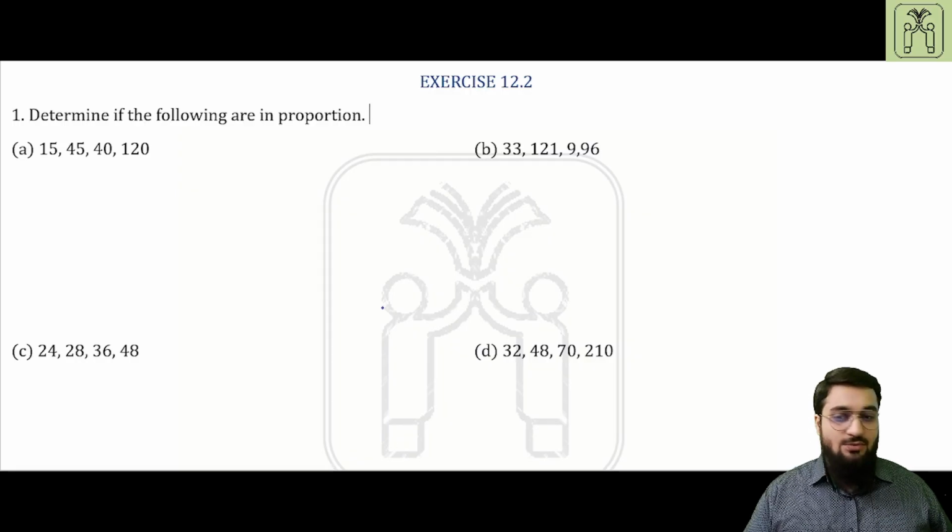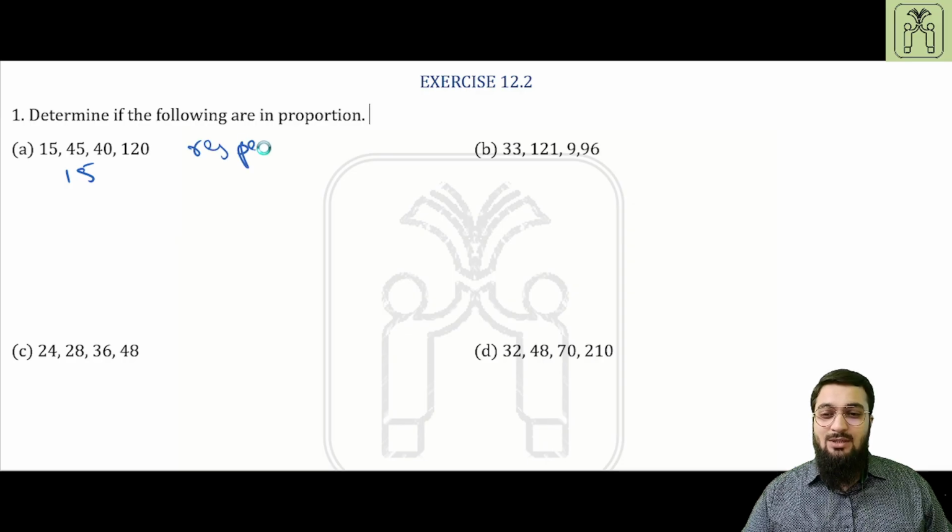So exercise 12.2. Let us see what the question says. Part A says 15, 45, 40 and 120. We have to write them in the order of respectively, like the order in which they are mentioned.